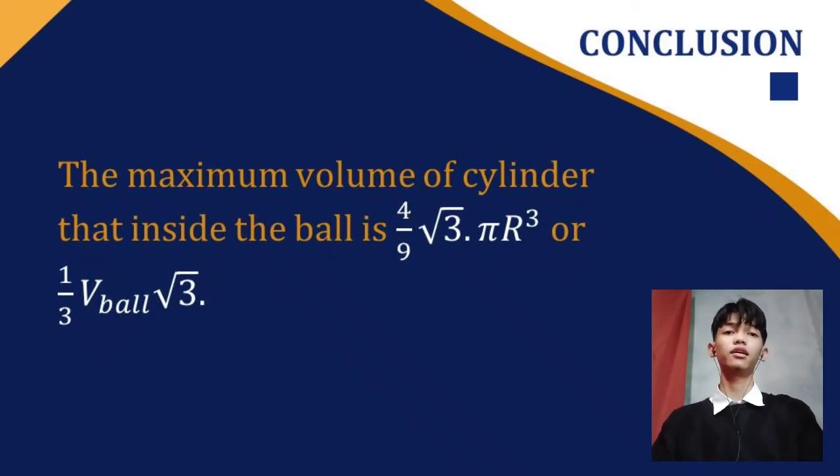Or we can say, because 4/3 times pi times R capitalized cubed is the volume of the ball, the maximum volume of a cylinder inside the ball is 1/3 times the volume of the ball times square root of 3.